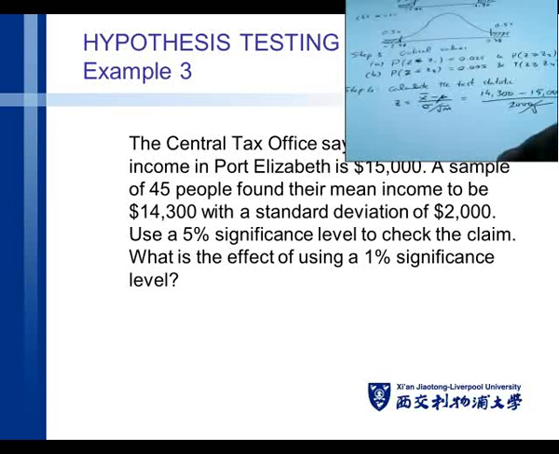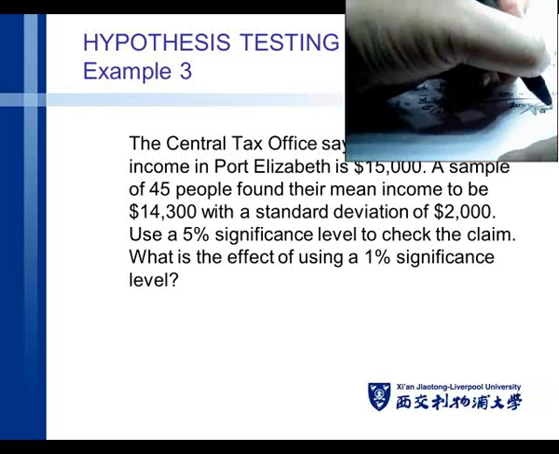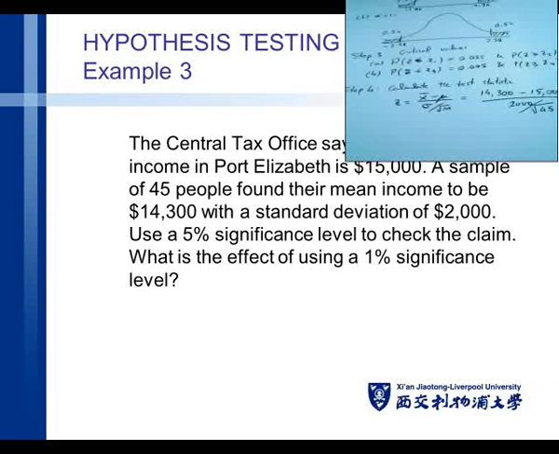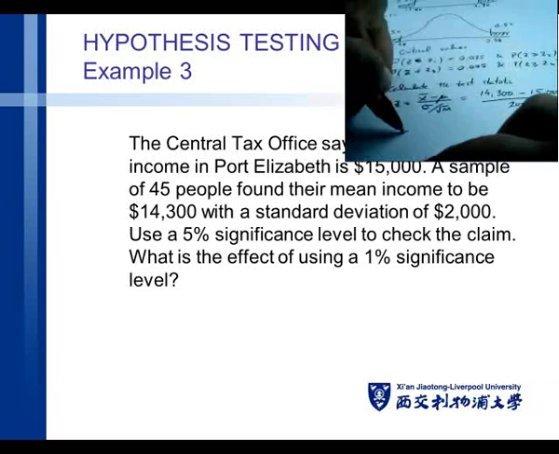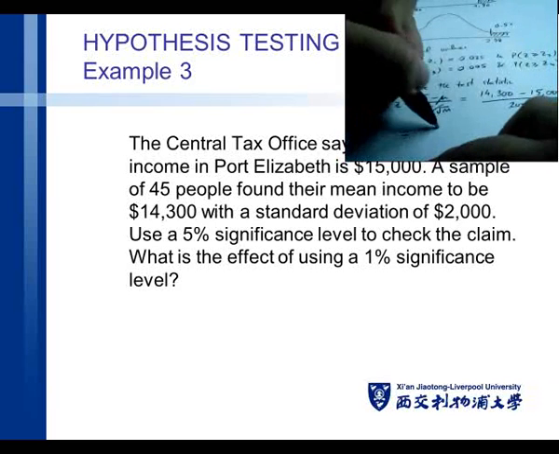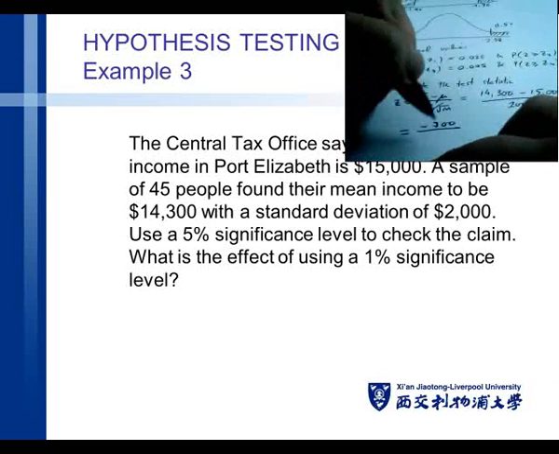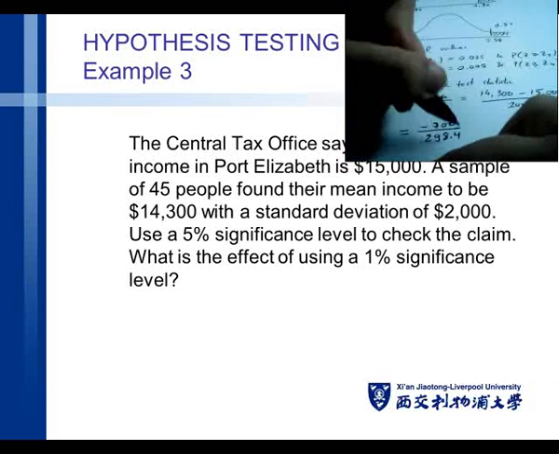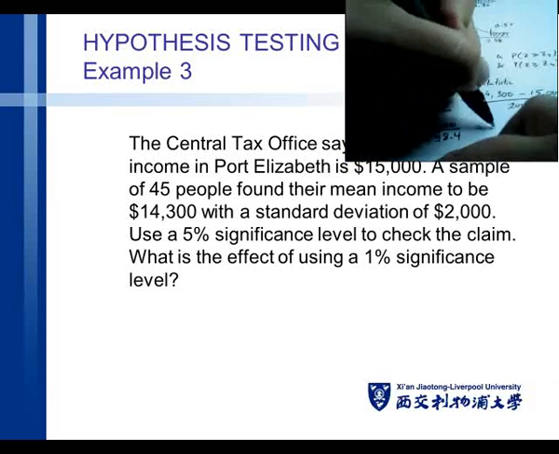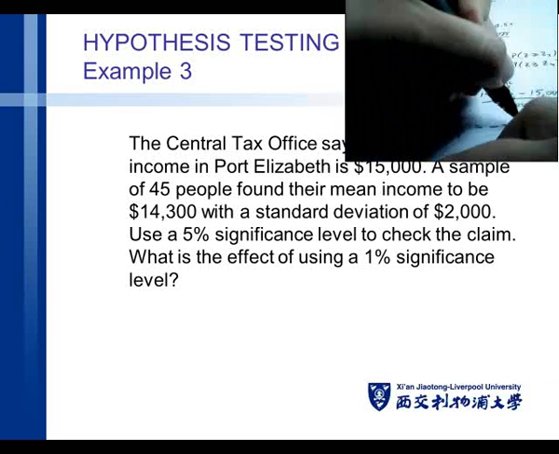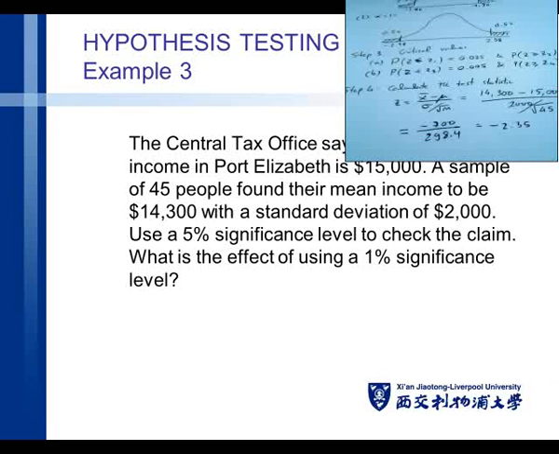The sample size was 45. So that number is going to be minus 700 divided by 298.4, which is minus 2.35.